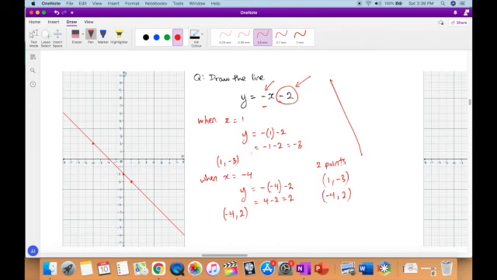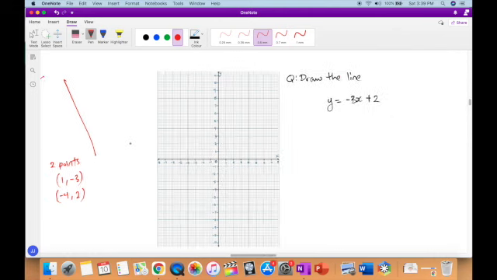So once you know these things, you could just literally look at an equation and figure out what it's going to look like before you even do any of your work. Look at the sign in front of x, you'll get a figure as to how it's sloping, and then the number after tells you where it cuts your y-axis.